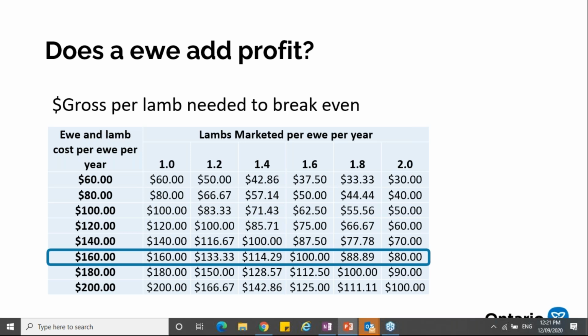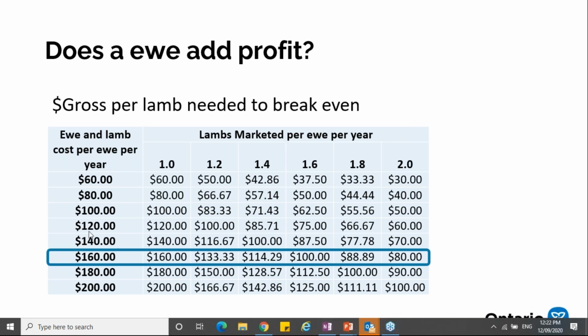In this table, what I've tried to show is the gross dollars per lamb needed to break even. On the left here are costs. If you take your total costs or expenses for the year and divide it by the number of ewes that you have, you get a cost per ewe per year.